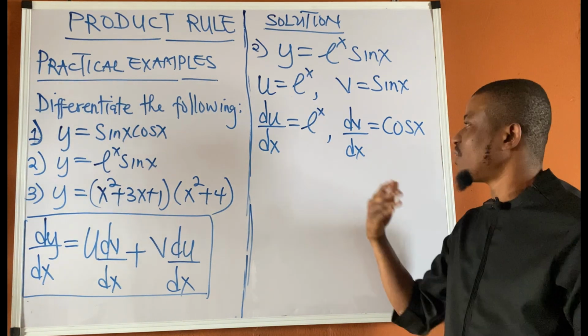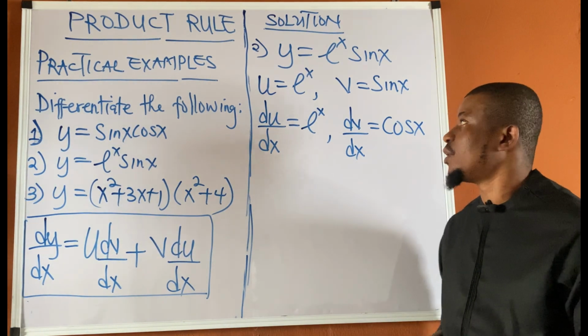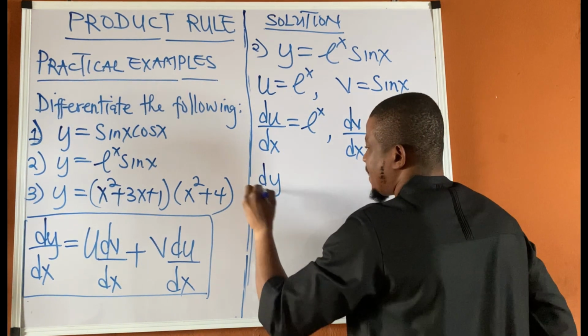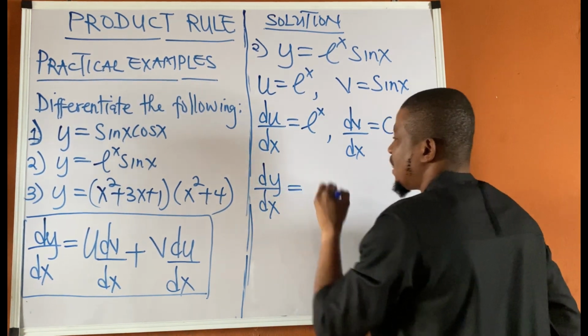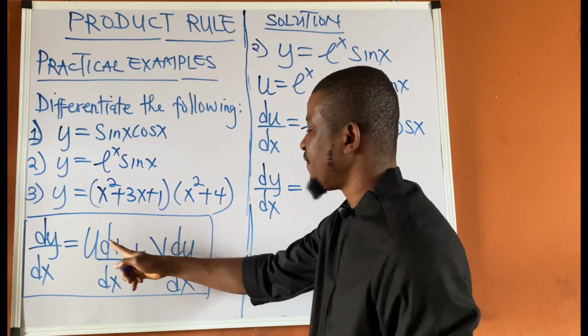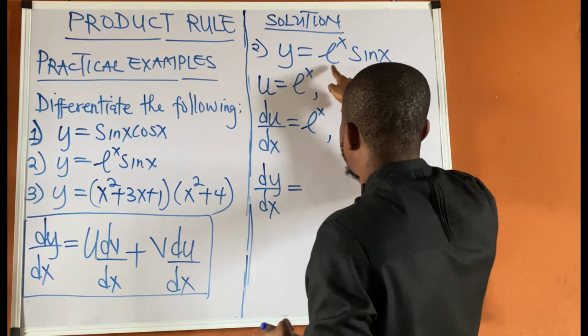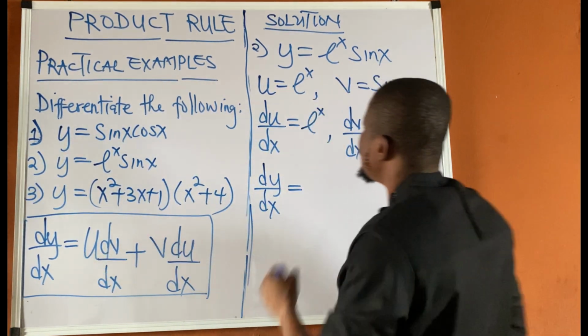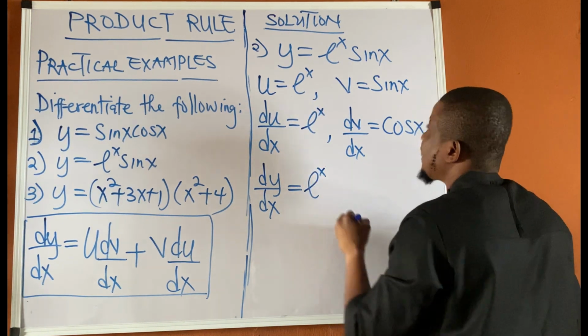The next thing is to now put everything in the product rule. It means that my dy dx, I would now follow strictly my product rule: u dv dx. Keep the first term, differentiate the second term. If I keep the first term u, I will have exponential x.